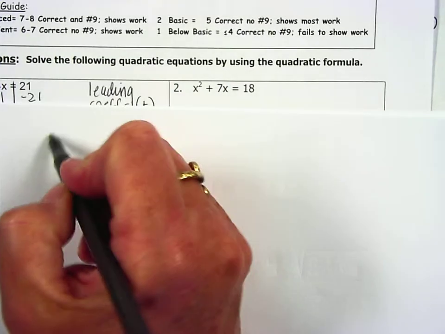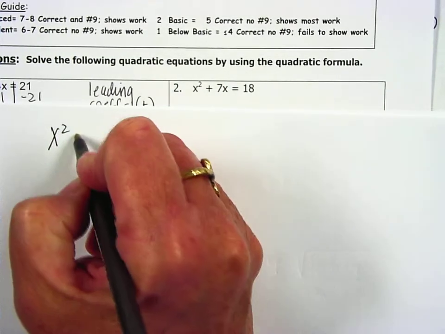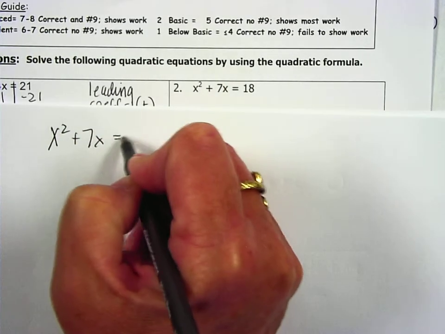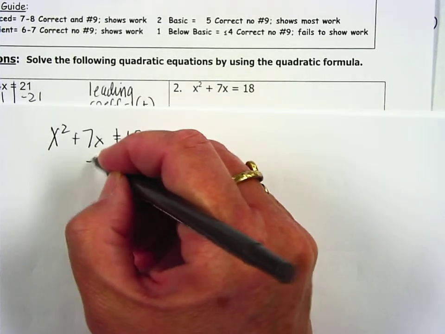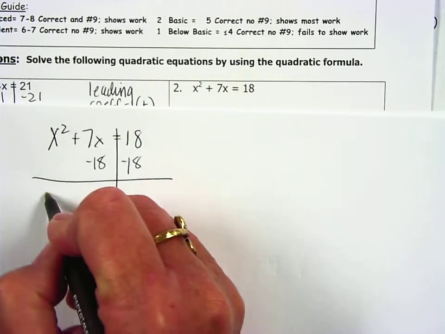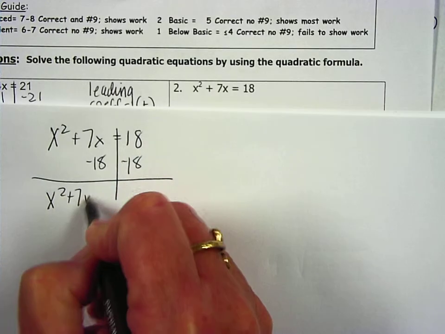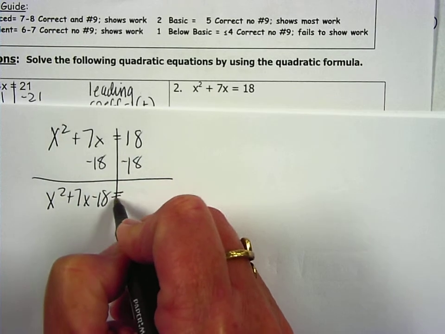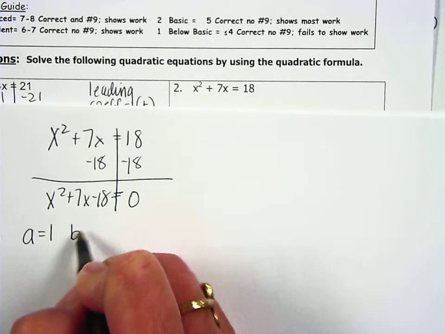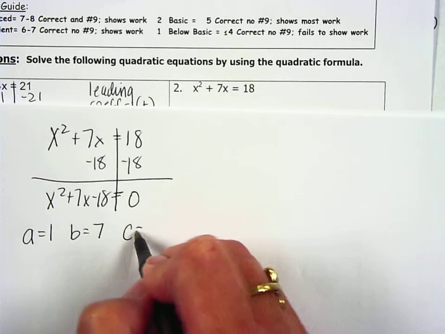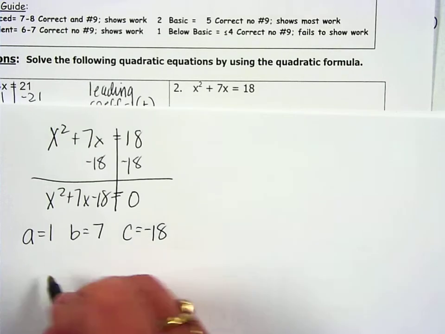x squared plus 7x equals 18. I'm going to go a little faster now so this video isn't 9 hours long. I'm going to get this in standard form, equals 0. A is 1. B is 7, C is negative 18.